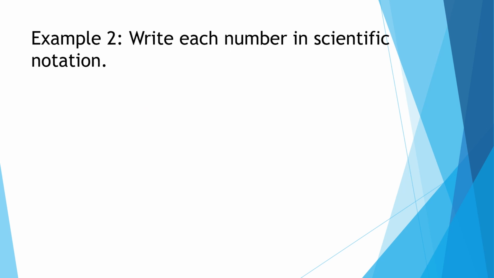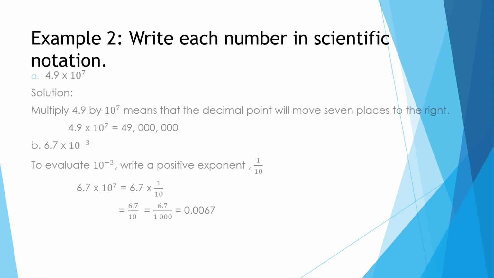Now, let's have example 2. Write the number in standard notation. Here, we have 4.9 times 10 raised to 7. Multiplying 4.9 by 10 raised to the power of 7 means that the decimal point will move 7 places to the right.